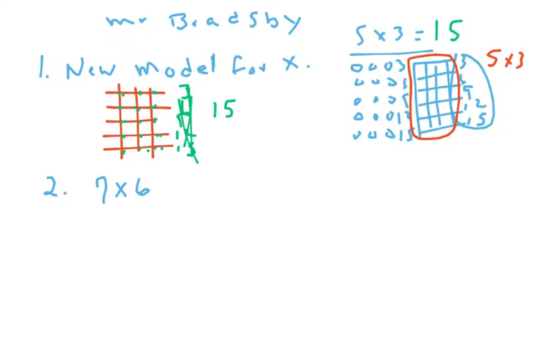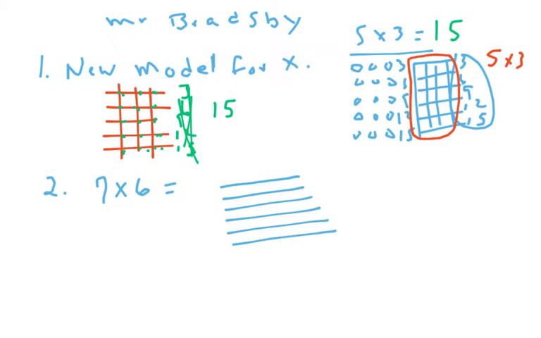All right, let's do the intersecting lines. So if you have a piece of paper, we can do some intersecting lines model. So what is 7 times 6? Okay, well, 7 sixes. So I draw 6 lines. 1, 2, 3, 4, 5, 6.